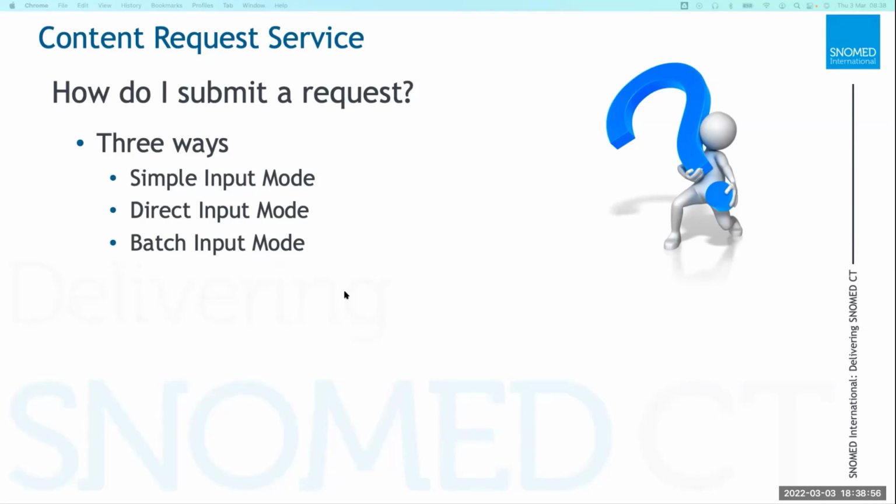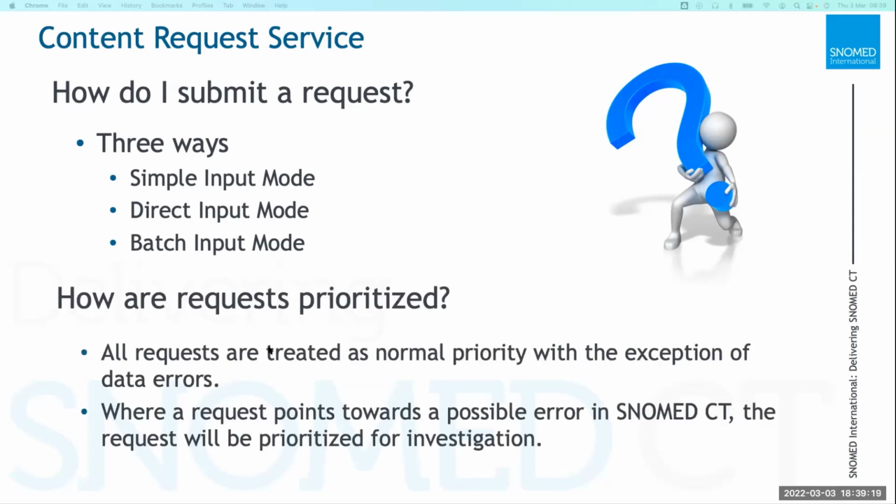So if you had a number of similar type requests that you wanted to put in a batch, you download a spreadsheet from the content request service, and you populate that, and then that's uploaded and validated. So you can do bigger batch requests if required.